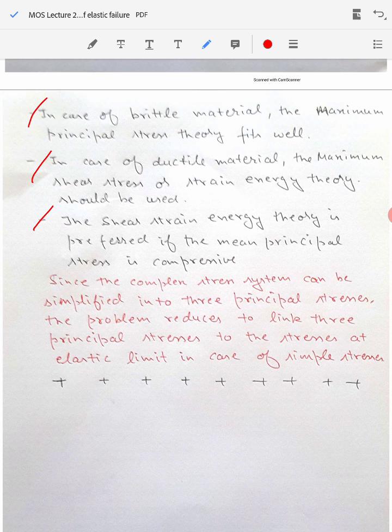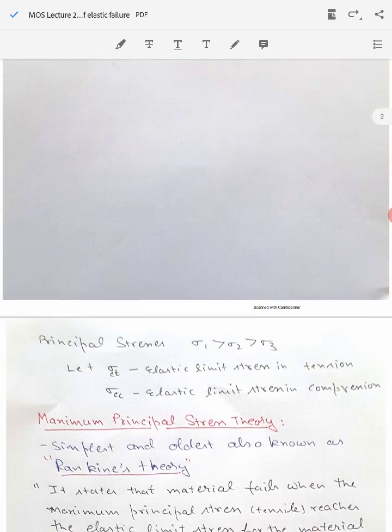We can then relate these principal stresses with the elastic limit calculated in the case of simple stress, and all these theories do this in one way or another. Now let's consider these theories one by one.